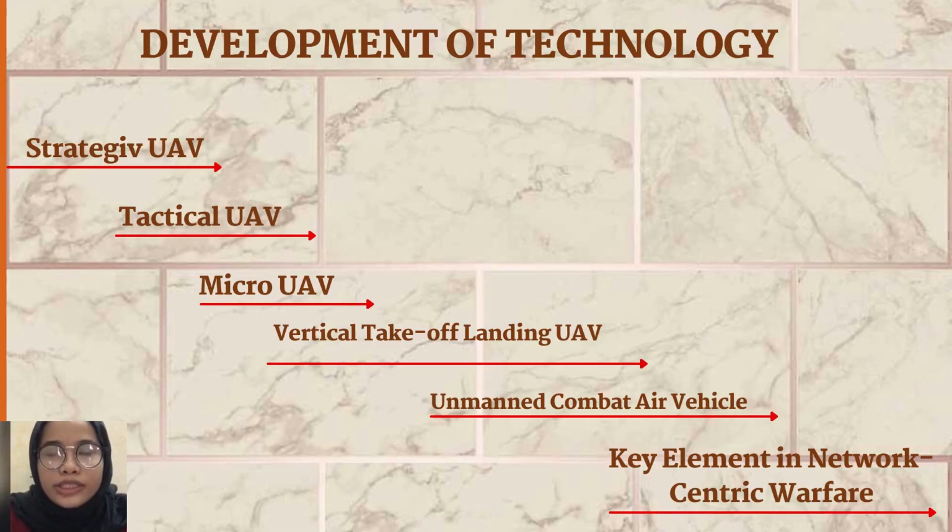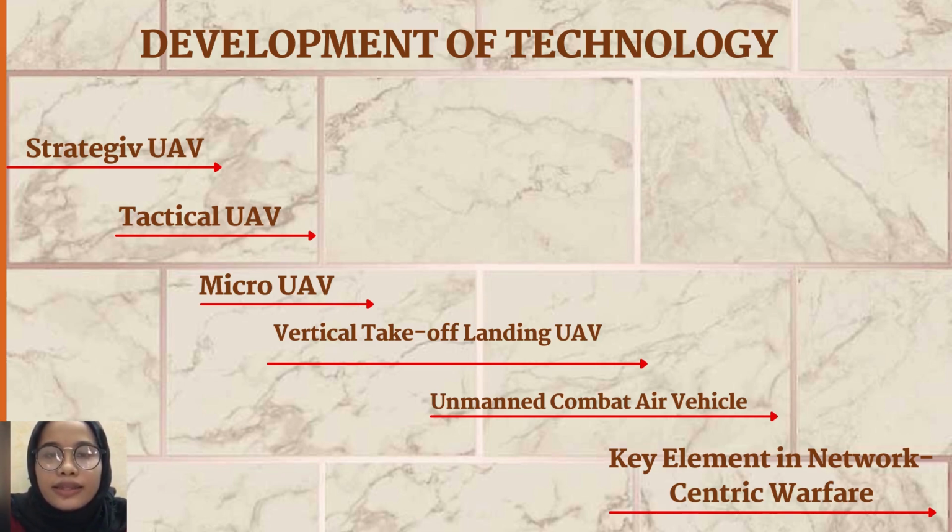Development of technology. First, strategic UAVs can grow in size for greater payload capacity, reliability, and endurance. Second, tactical UAVs will evolve toward a multi-role, multi-mission platform. The third is micro UAVs for military and law enforcement utility.